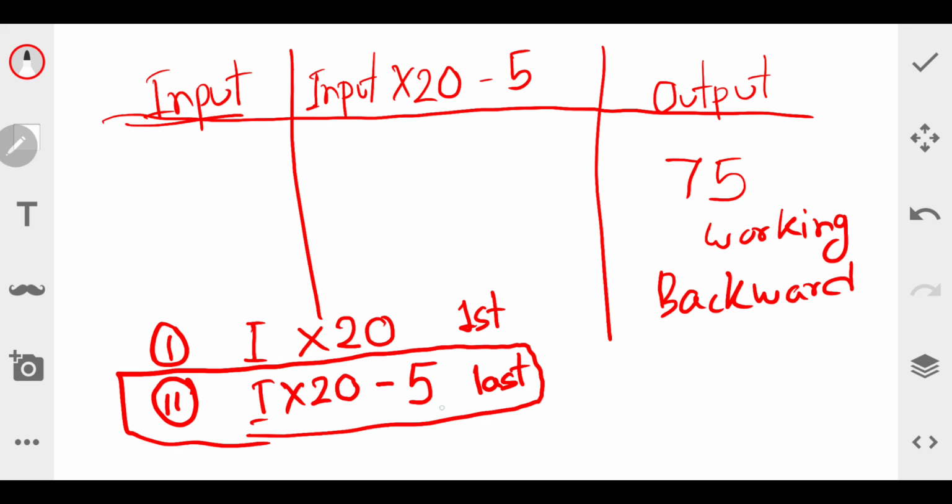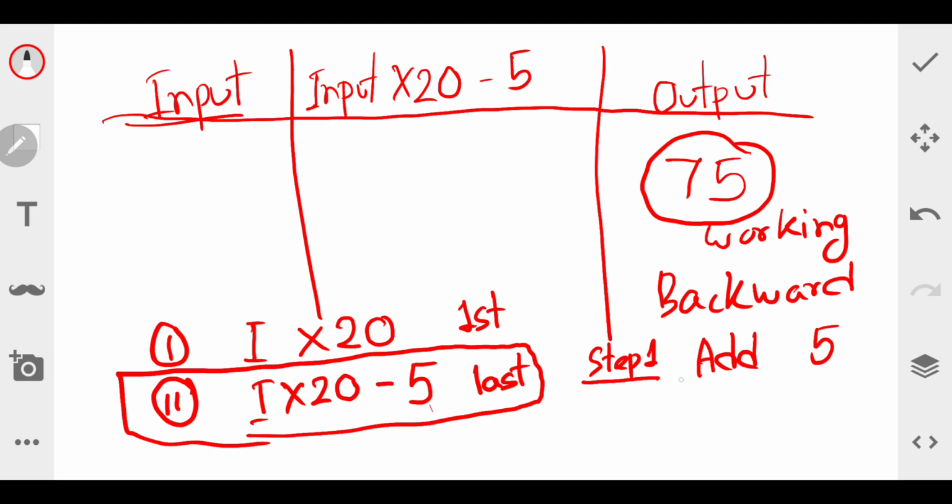So we subtracted 5. Now we have to do the opposite. So I'm going to write step 1, opposite of the last thing. So we subtracted 5. So we have to add 5.